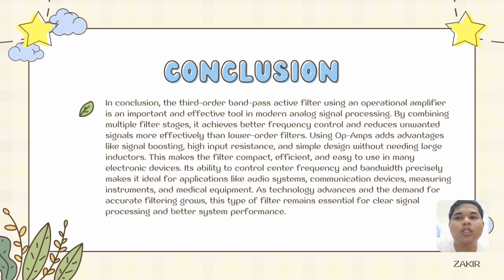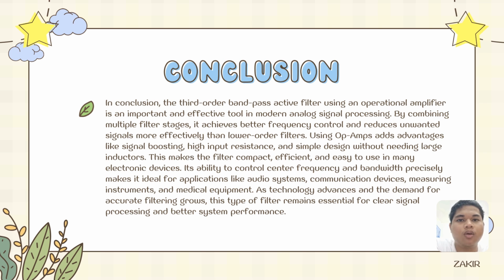In conclusion, the third order band pass active filter using an operational amplifier is an important and effective tool in modern analog signal processing. By combining multiple filter stages, it achieves better frequency control and reduces unwanted signals more effectively than a low order filter.